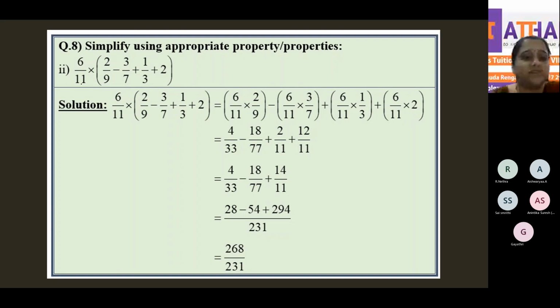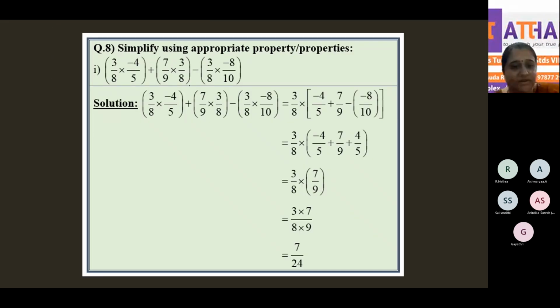Like here, what is given is 6 by 11 taken common. So now you will have to distribute it: 6 into 2 by 9 minus 6 into and so on. If it's given like this, you'll have to take out. If it is already distributed, then you need to take out 3 by 8 common and work it.